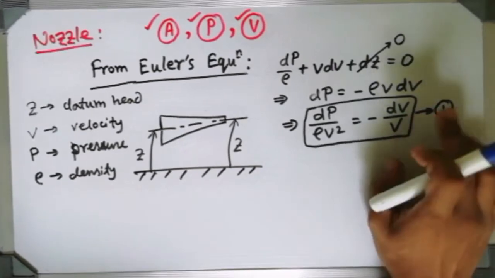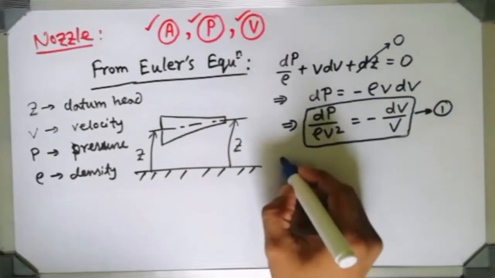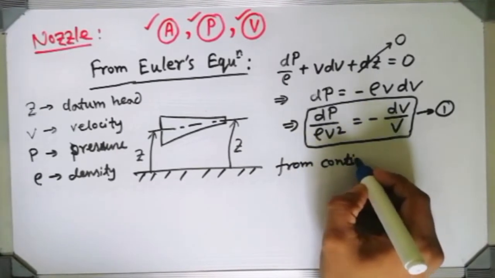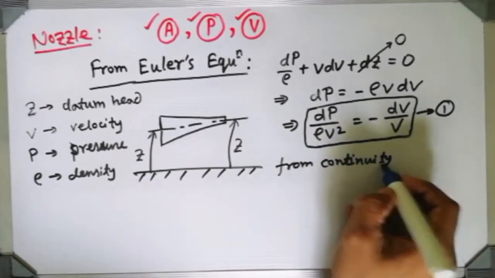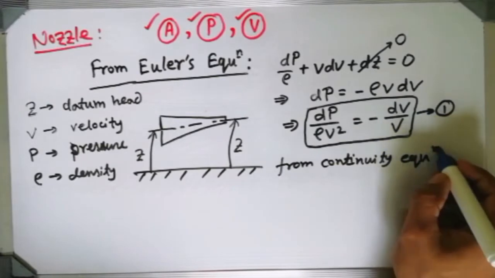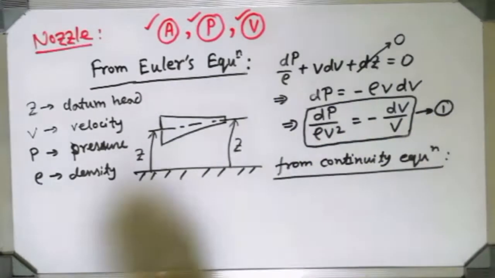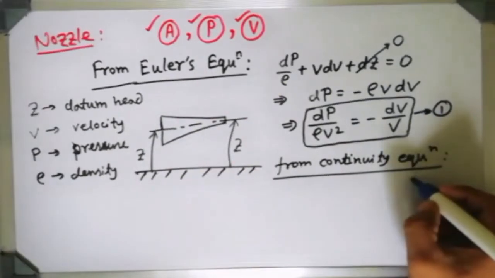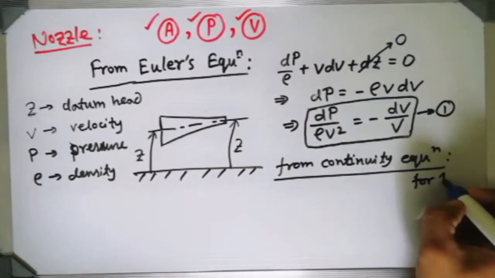Now from the continuity equation, I think you people have heard this name before. The continuity equation was there in class 12 standard. We are considering the continuity equation for 1D flow, that means one directional flow.